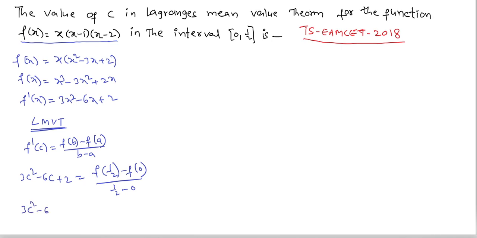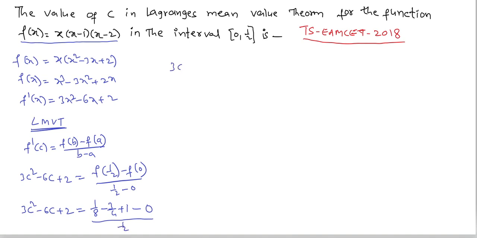F of 1 by 2, substituting in x cube minus 3x square plus 2x, that is 1 by 8 minus 3 by 4 plus 1, minus f of 0, which is 0, by 1 by 2 minus 0, that is 1 by 2.